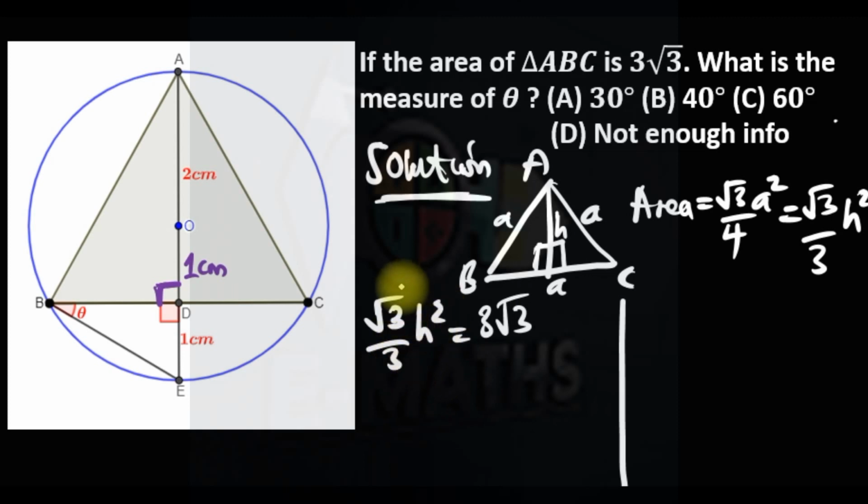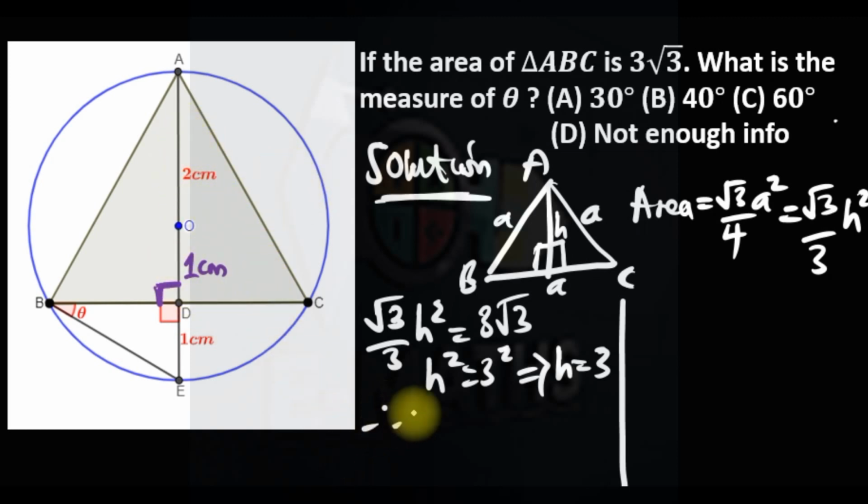So as you can see, root 3 cancels, and H squared is now 3 times 3, which implies that H is 3. So have you seen it? The height is 3. So this is an equilateral triangle. So therefore triangle ABC is equilateral.